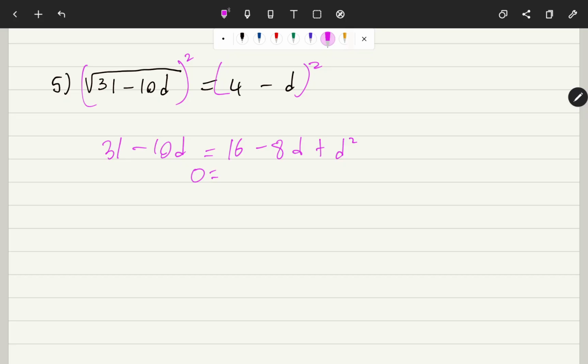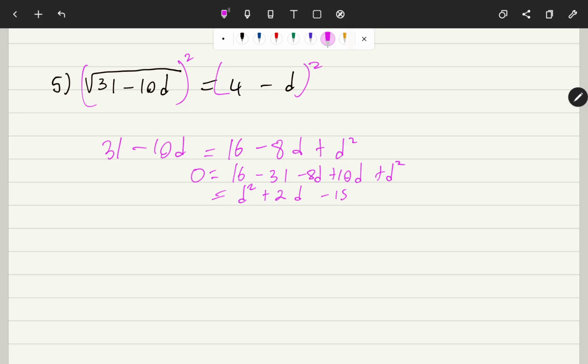So I can say I have 0, it's gonna be 16 minus 31, and then minus 8d plus 10d plus d squared. Okay, I think the answer here is negative 15. Let me just say I have d squared plus 2d minus 15, right?